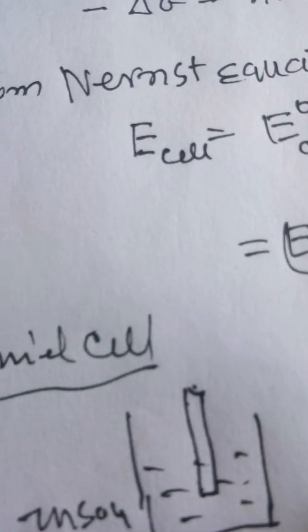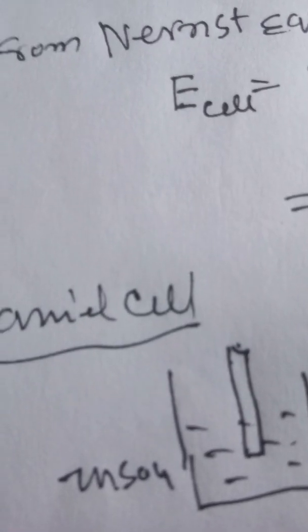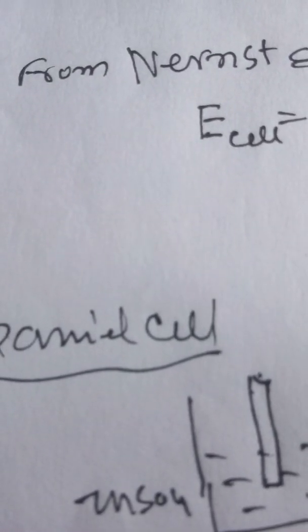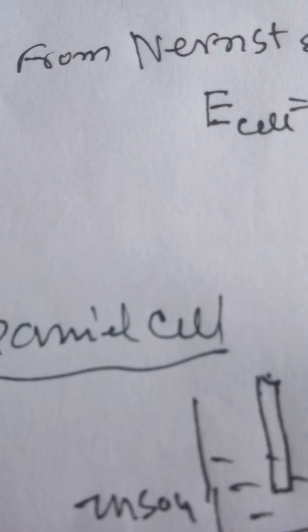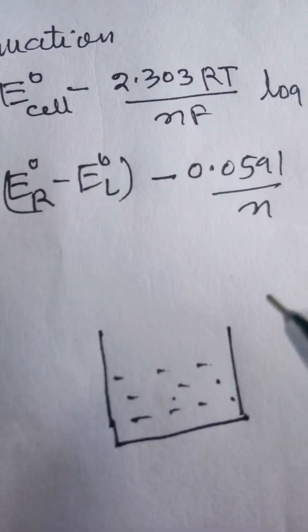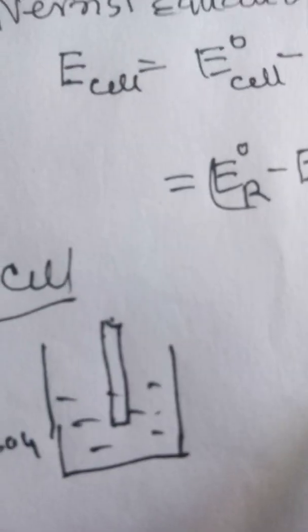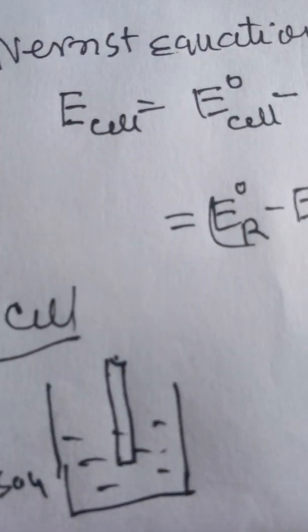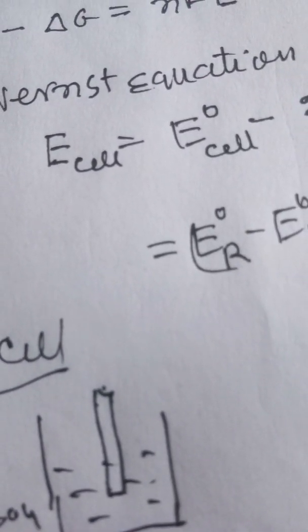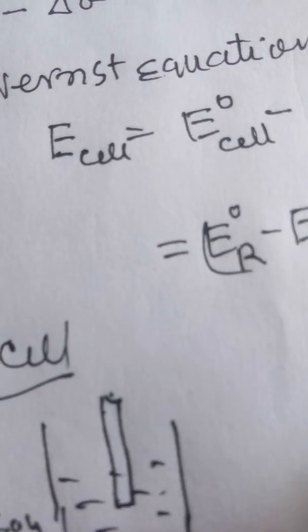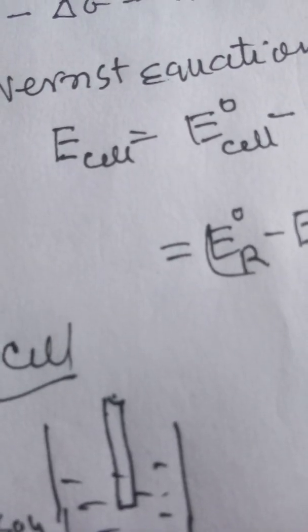And there is another half cell like this. It is prepared by immersing a copper rod into copper sulfate solution. This is the copper rod, Cu, in the copper sulfate solution, and this is the zinc rod.